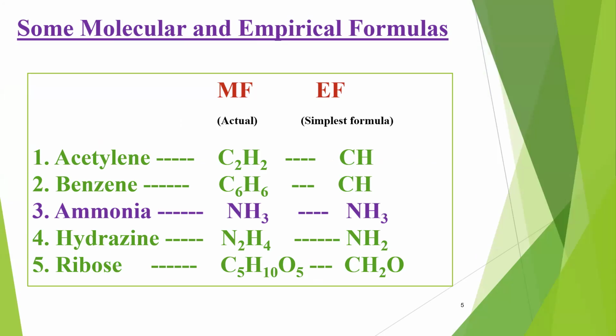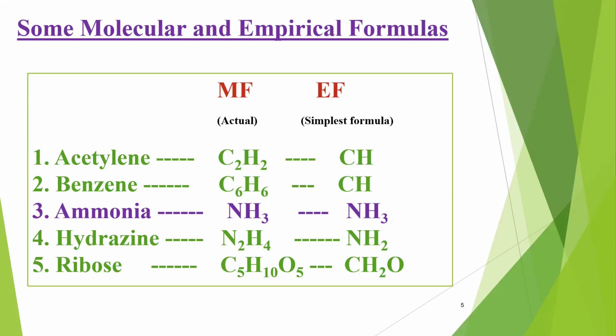Empirical formula is the simplest whole number ratio, and molecular formula is the actual formula. Acetylene, C2H2, empirical CH; benzene, then CH; then NH3. You have to write like that only.